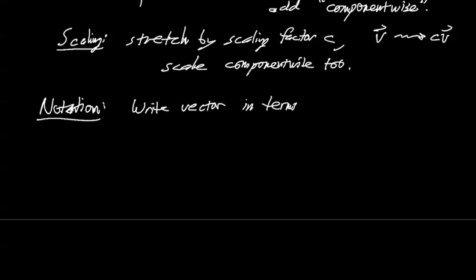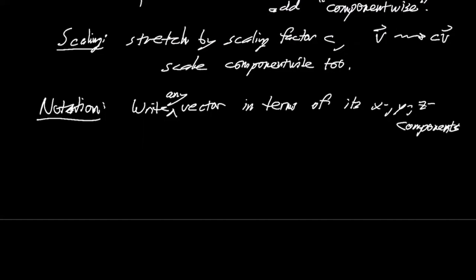We could write any vector in terms of its X, Y, Z components if we're in 3 dimensions. It's supposed to be the word components. I'll write that again. My handwriting with the iPad pencil is very bad.